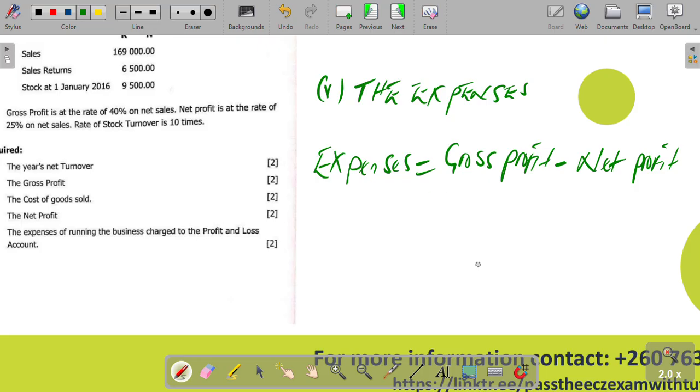So our gross profit from the question was how much? 65,000, minus the net profit. What was the net profit in our previous question? It was 40,625.